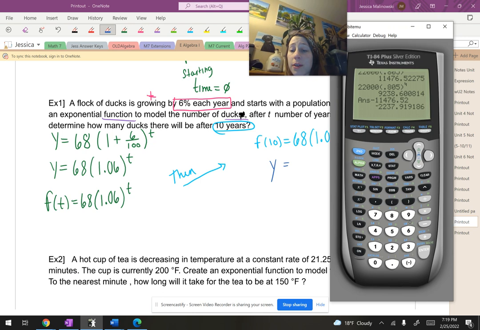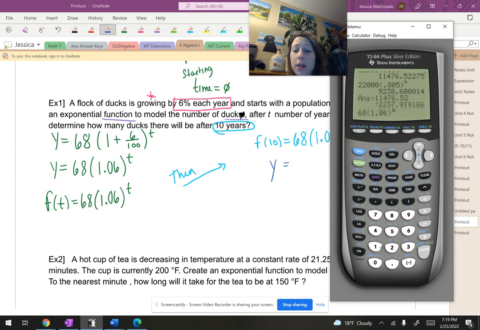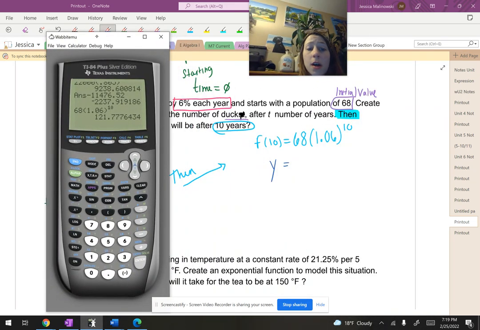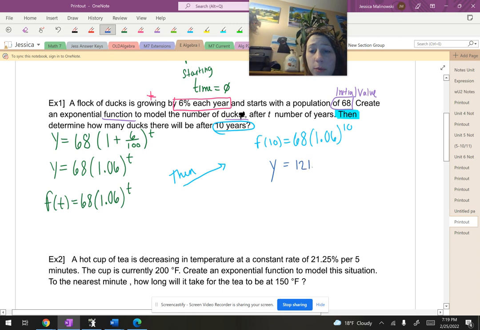And then jumping into the calculator to do math because we work smarter here, not harder. 1.06 caret to the 10th. Okay, so 121.7776. We're talking about a number of ducks, so I do not have a decimal worth of ducks.